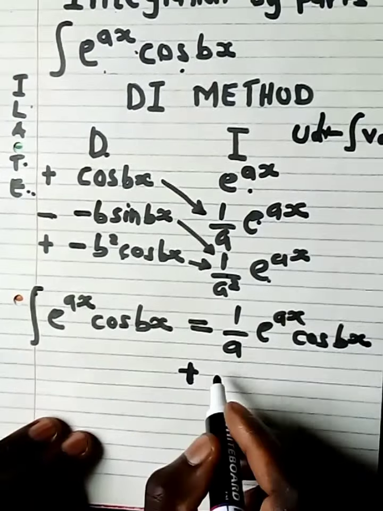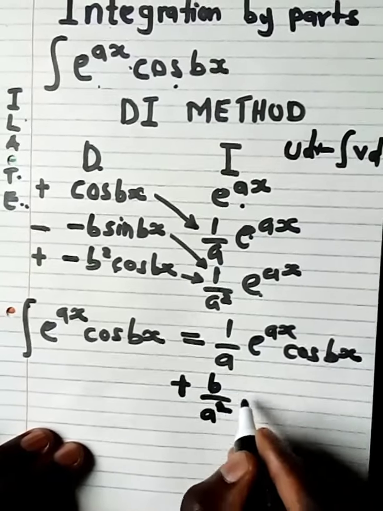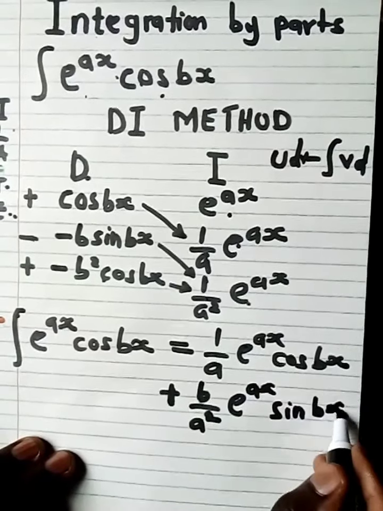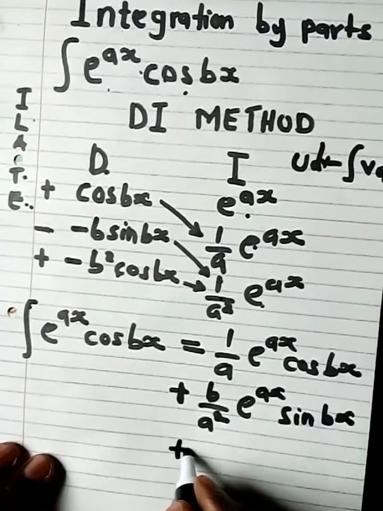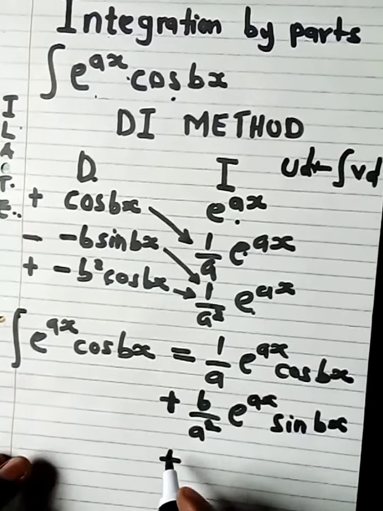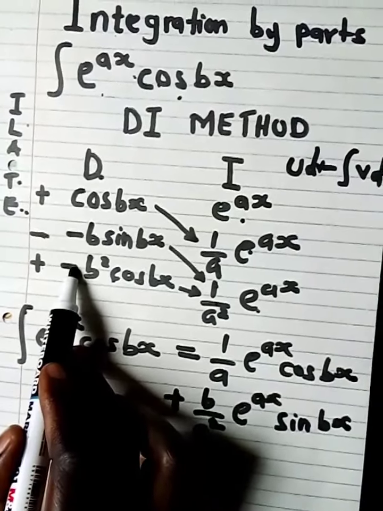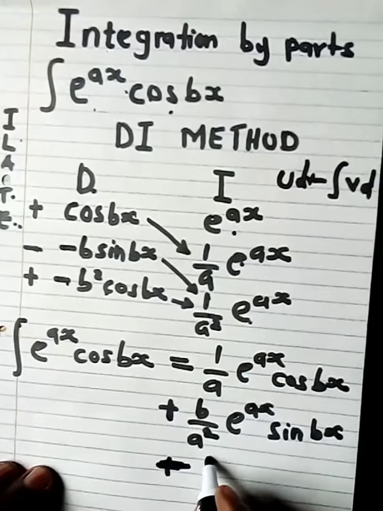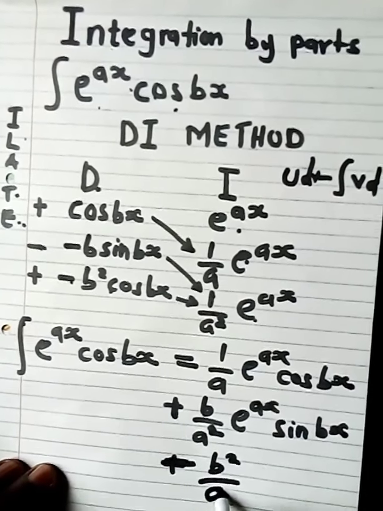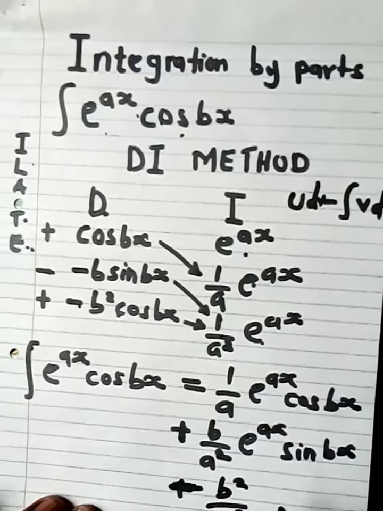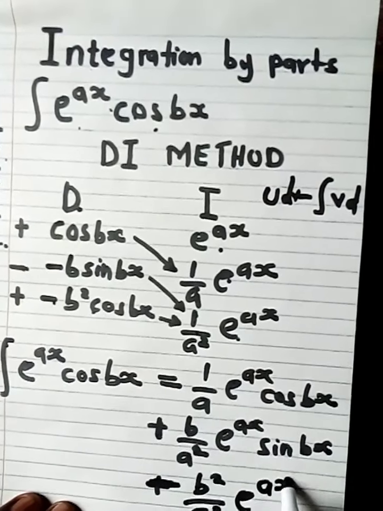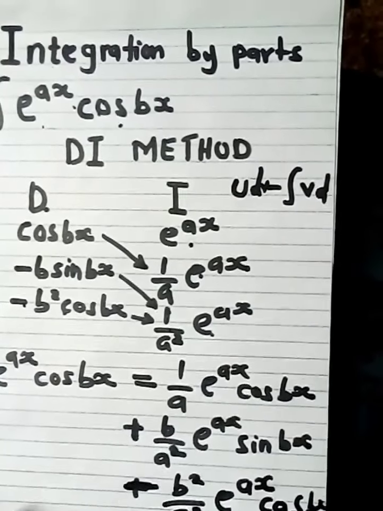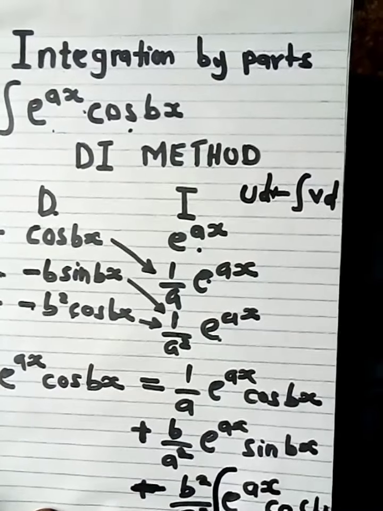I'll be having now b over a squared exponential ax sine bx, then plus the integral. Not really plus, because I have this one, plus times minus is negative. I multiply, so now I have minus b squared over a squared exponential ax cos bx. But not just that one, we have the integral, because that is the integral part.